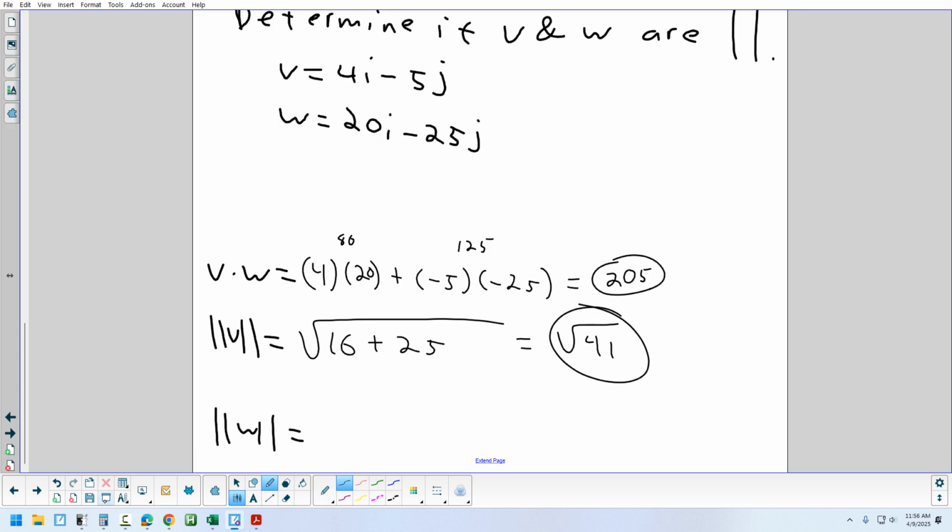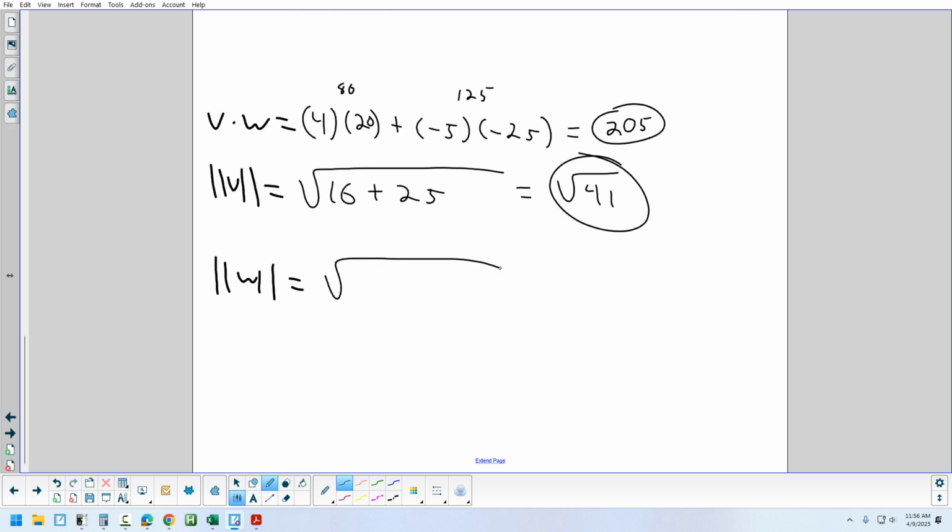Square root of 20 plus negative 25. Not quite. It's 20 squared plus negative 25 squared. So we just have to remember to square them. And that adds up to how much? 1,025. So it's the square root of 1,025.